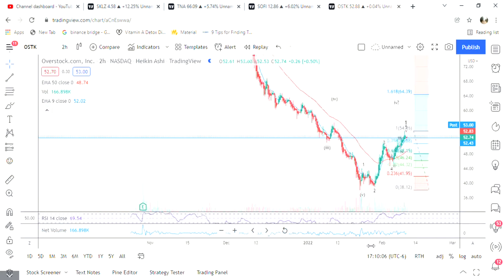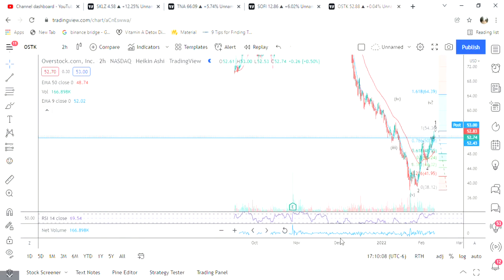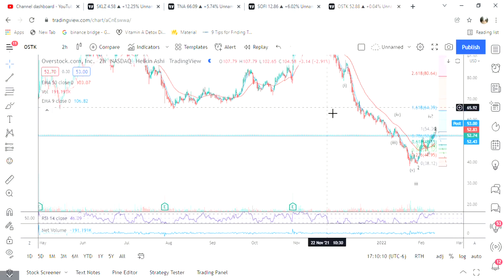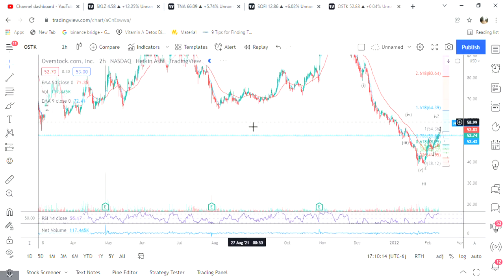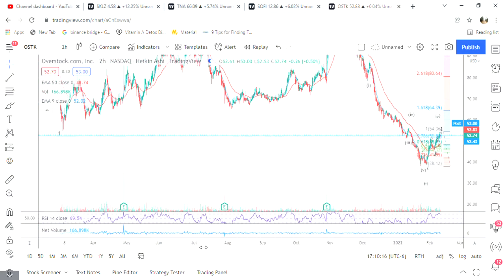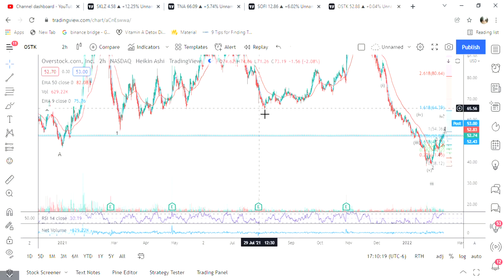Is there any resistance there? And look at that. Like, that's the bottom of this channel right here. If you're looking at there's some over here too. But you get the idea.